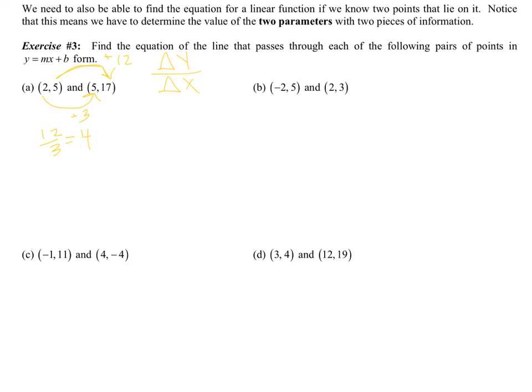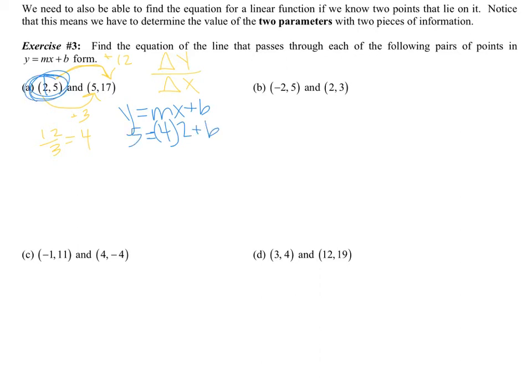Now, just like we did on the last question, we can use a coordinate point to find the b or the y-intercept of the equation. So you just pick one of them. I'm going to pick 2, 5. So instead of y equals mx plus b, we're going to plug 4 in for the m. We're going to pick 2 for the x and 5 for the y.